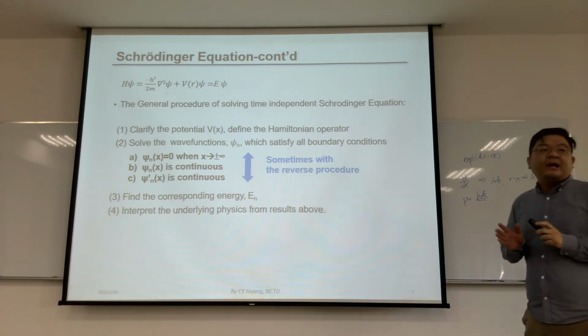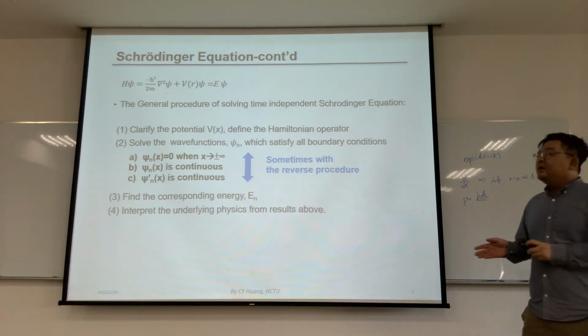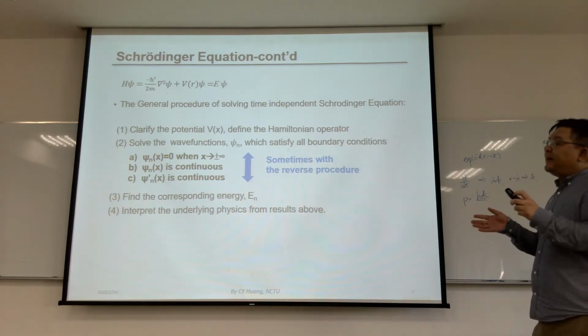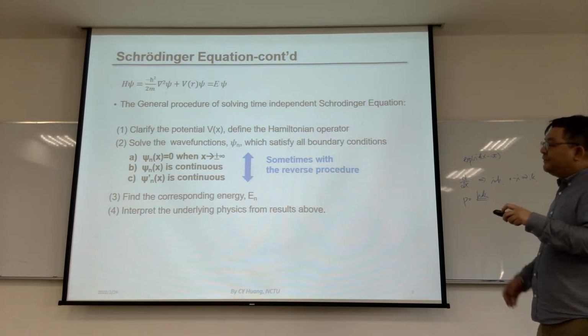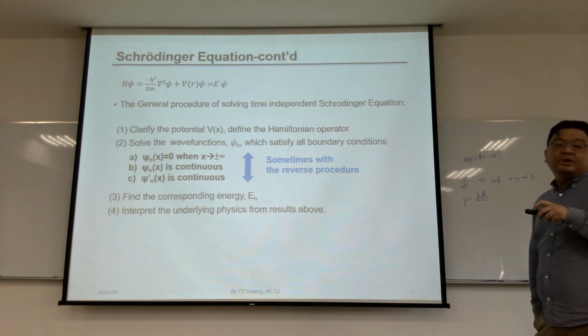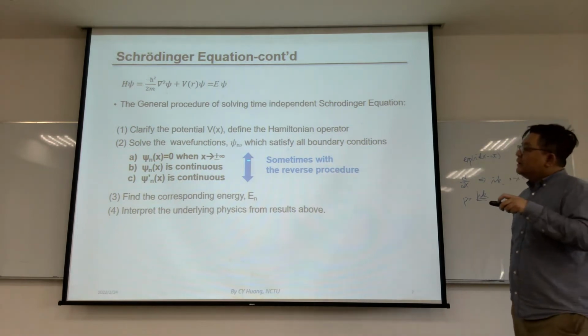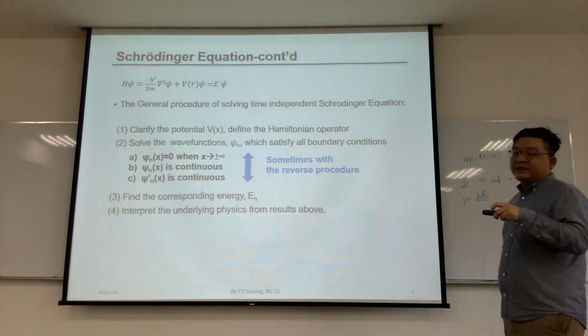Then you might have so many combinations. But with so many combinations, you need to fulfill the following. First, when x goes to minus or plus infinity, it must go to 0, or you cannot normalize it. Second, phi is continuous everywhere.